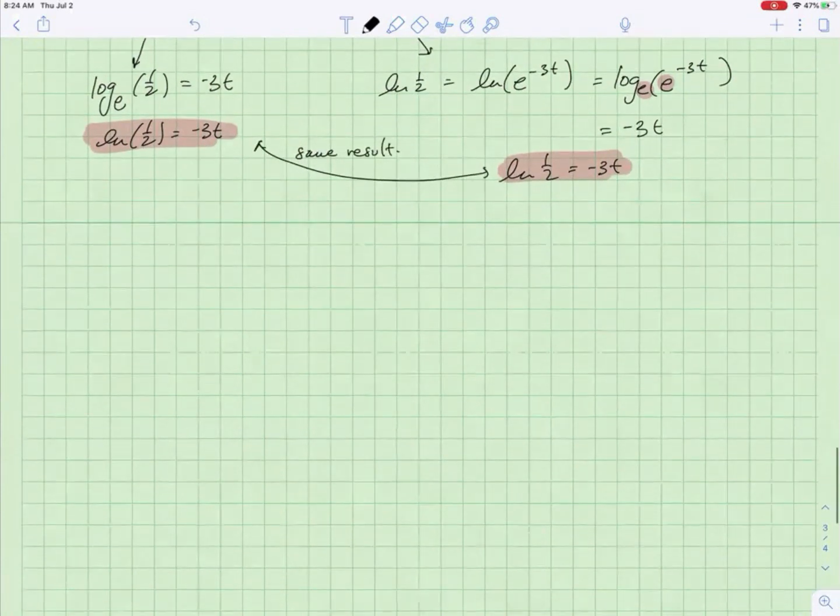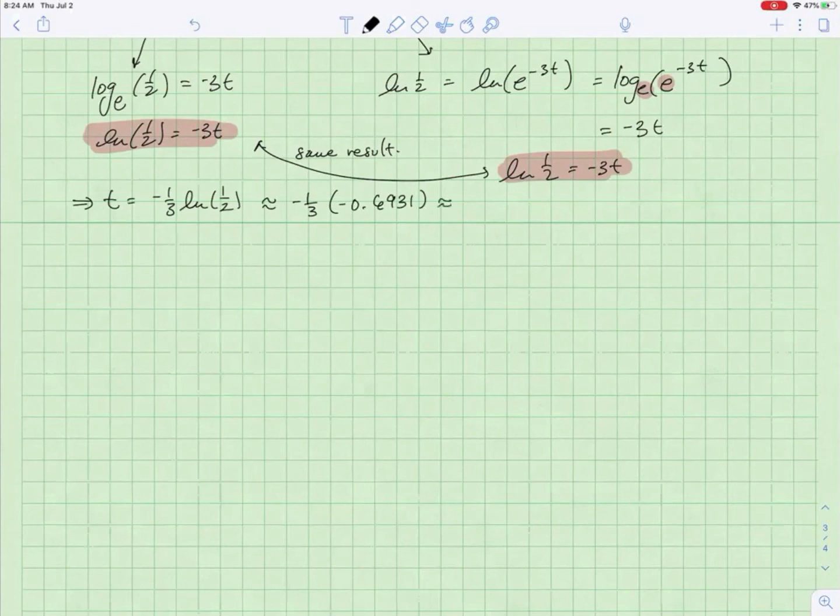Okay, so now it's simply a matter of solving for t. This means that t is equal to negative 1/3 the natural log of 1/2, which is approximately negative 1/3 times negative 0.6931, divided by negative 3.